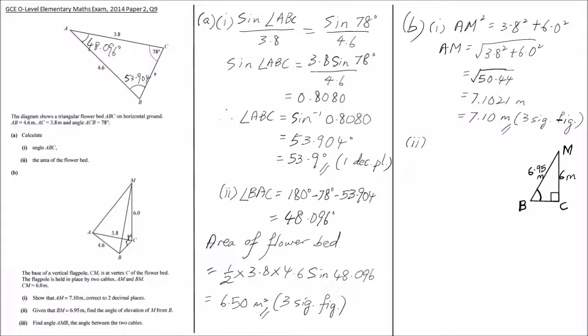So we can find the angle here by using sine. Let's call this angle X. So sine X is equal to opposite side over the hypotenuse, 6 divided by 6.95.